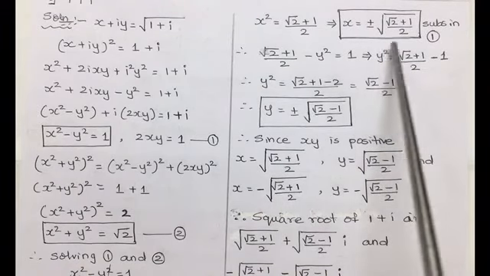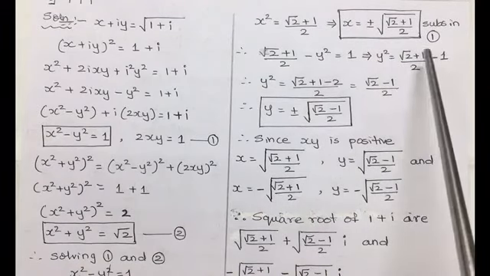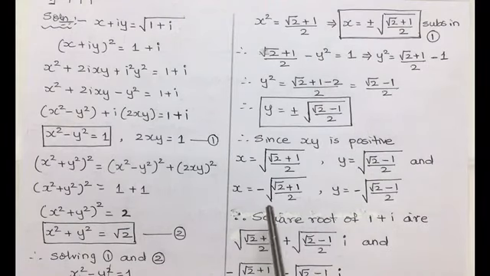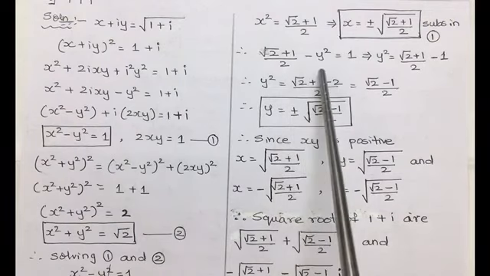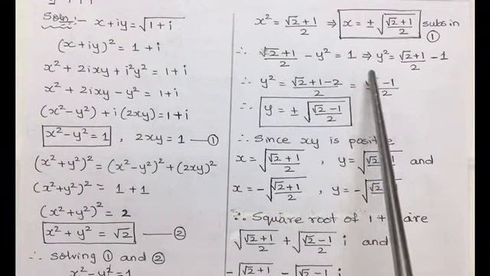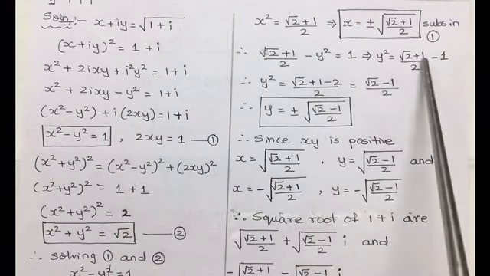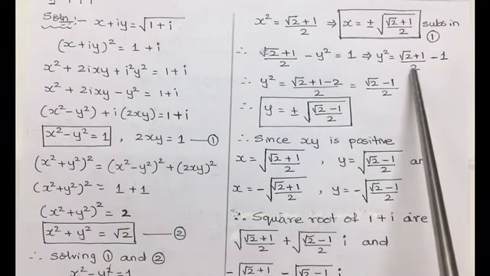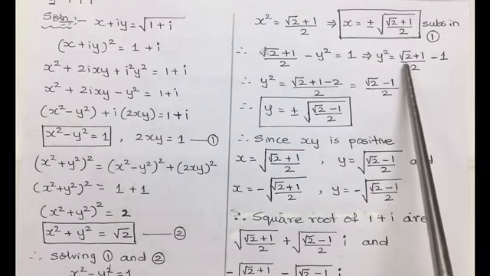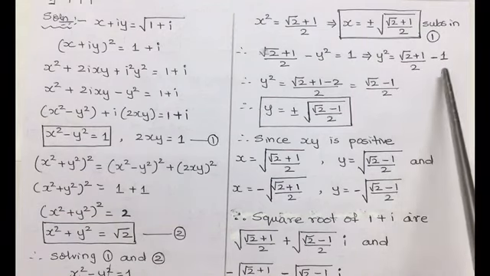Now substituting the value of x square in 1, we get root 2 plus 1 divided by 2 minus y square is equal to 1. Shifting y square to one side and 1 to the other side, we get y square is equal to root 2 plus 1 divided by 2 minus 1.